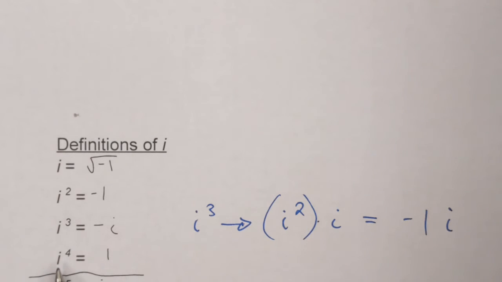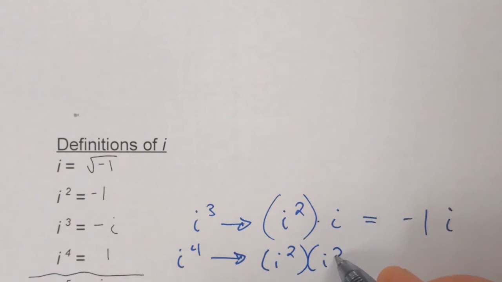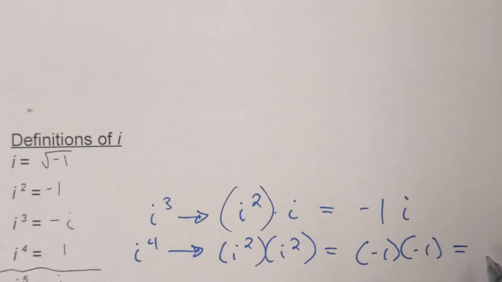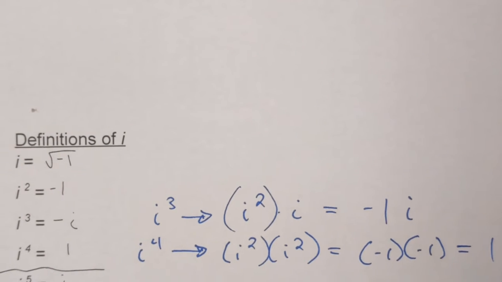But then, this is kind of bizarre too. i to the fourth actually becomes a positive 1. And here's why. i to the fourth can be written as i squared times i squared. And remember, i squared can be written as negative 1, and negative 1 times negative 1 equals positive 1.